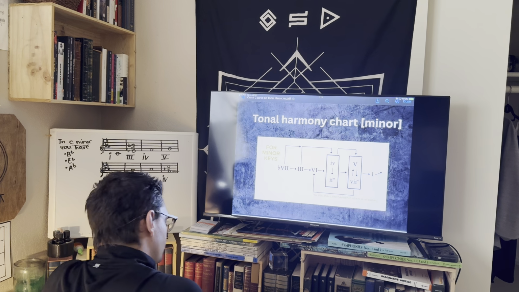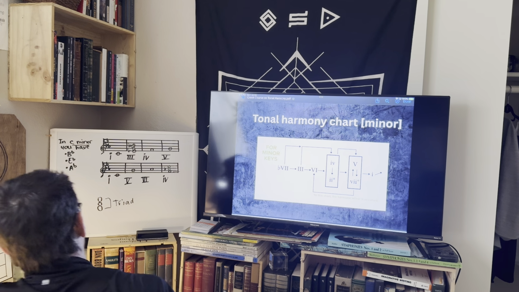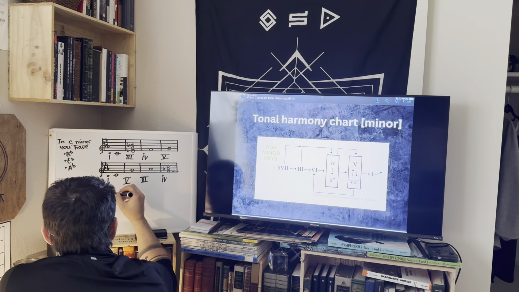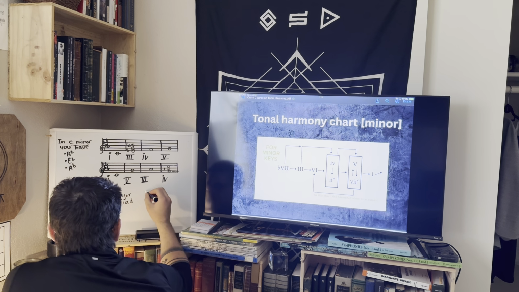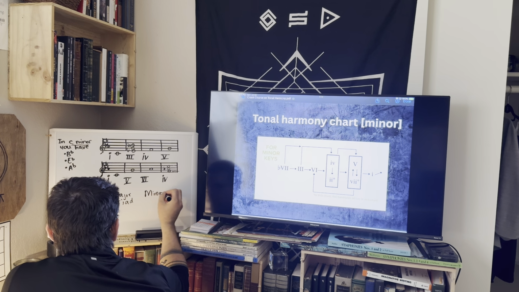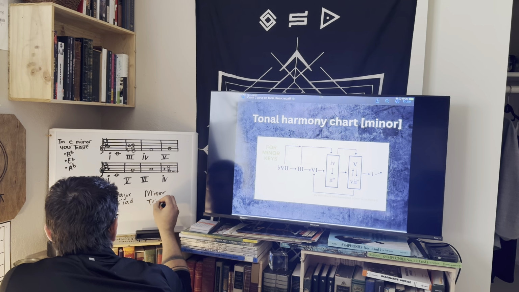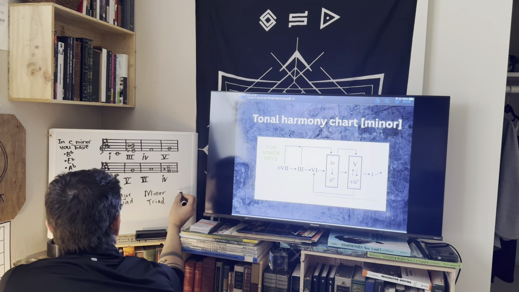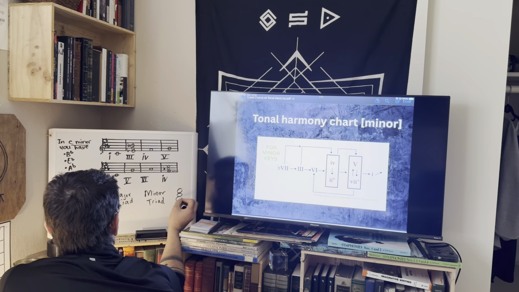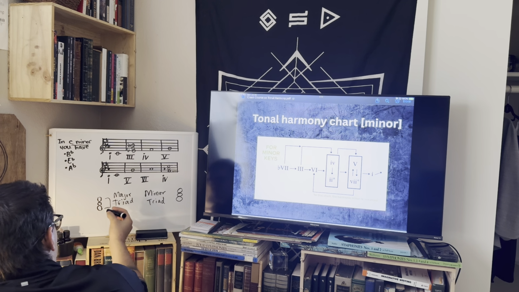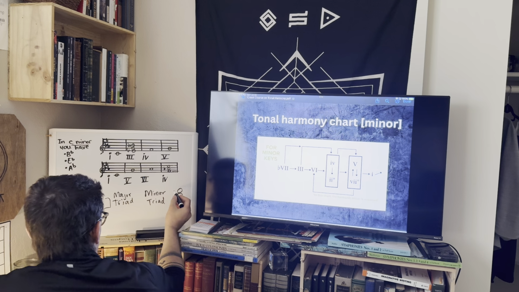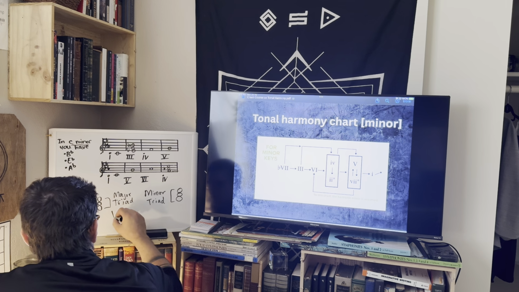So I guess it is important to mention the difference between a major triad and a minor triad. All right, let's just write that. I hope you can see this. I know that this board isn't too big in that camera, but a major triad is going to sound happy.